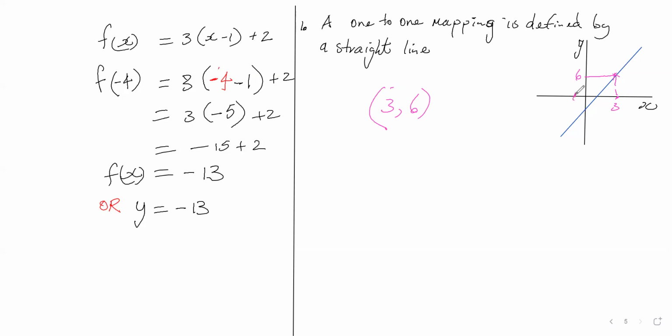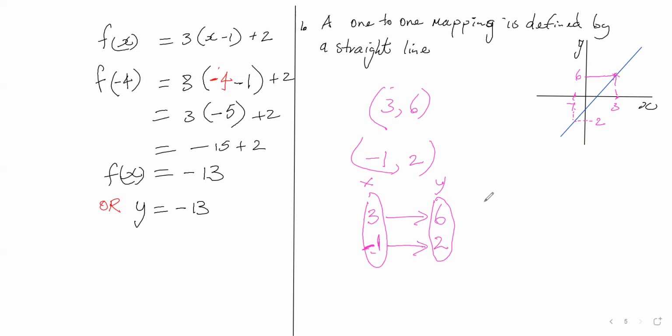Let's call this -1, and this, let's call this -2. So -1 is mapped onto 2. So in your domain, you have 3 and -1 in the x, but in the range, which is your y, you have 6 and 2. This is called a one-to-one mapping.